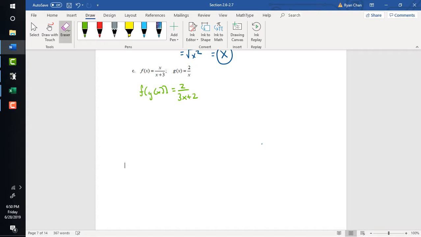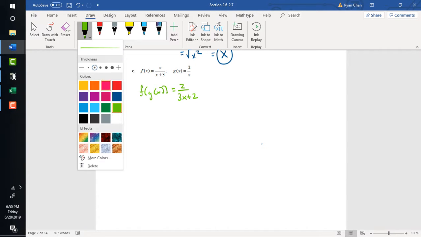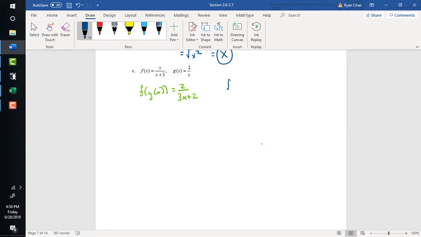So, how do we find our domains for these? We're going to do the same thing. Since this is f of g of x, I'm going to set the bottom part equal to 0 for my inside.